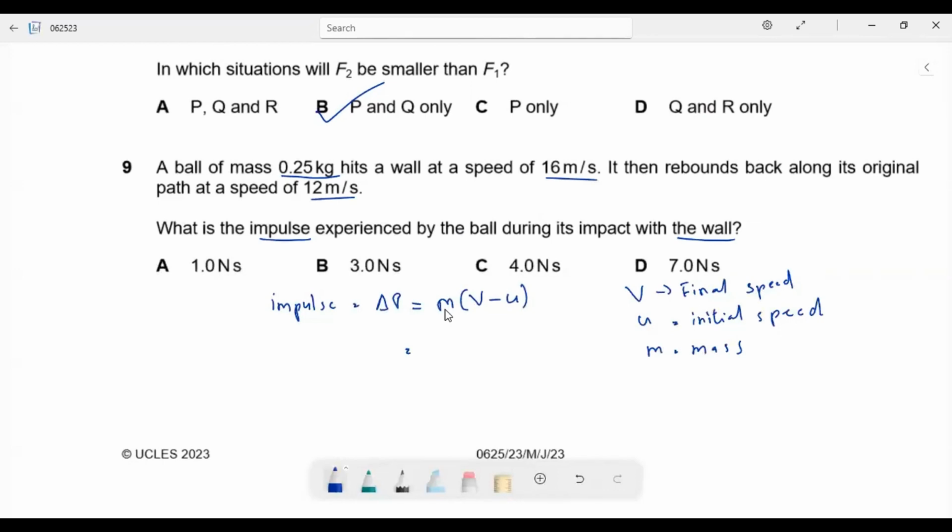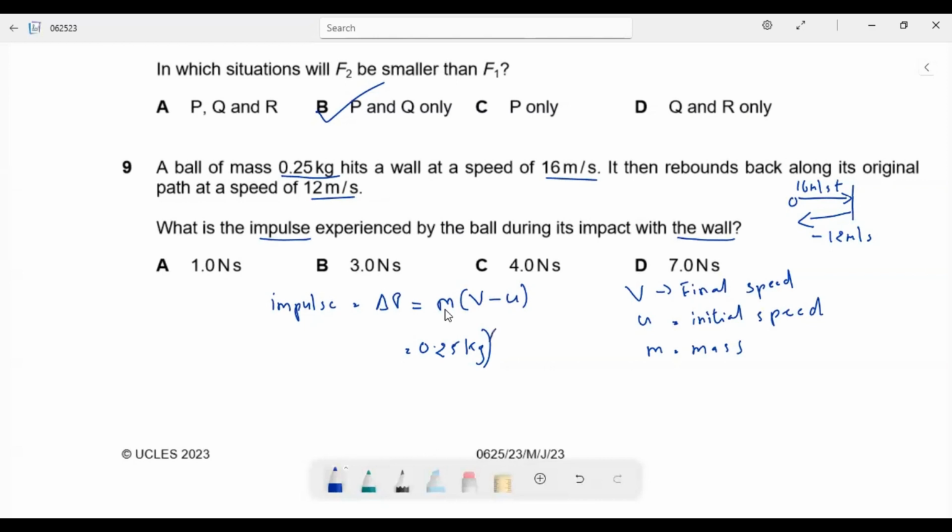So here mass is given as 0.25 kg. Final velocity is 12 meter per second. Actually, the ball is hitting the wall. This direction can be considered as positive. Then it is rebounding back, so this final speed will be negative, minus 12 meter per second, and initial will be 16 meter per second.